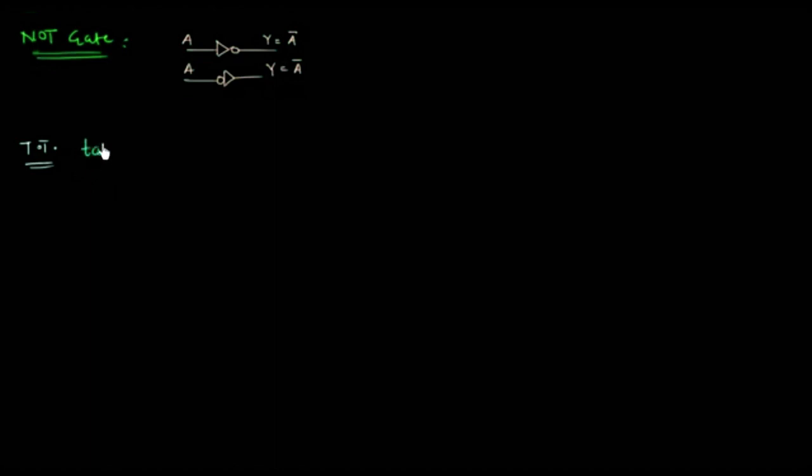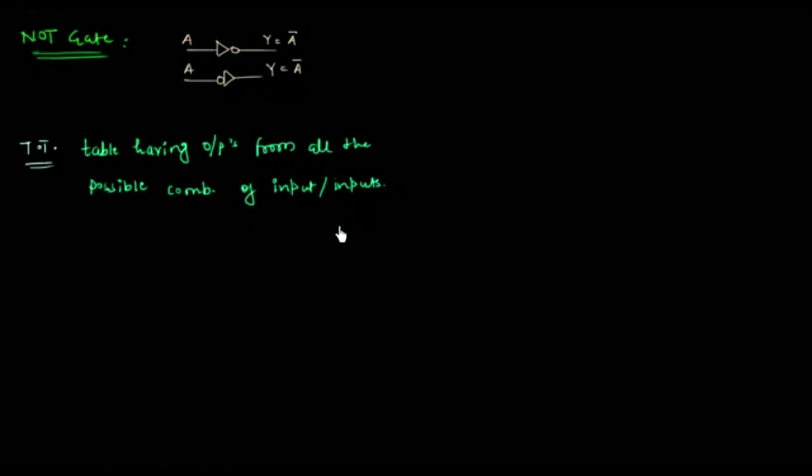It is the table having outputs from all the possible combinations of input or inputs. Right? So this is the formal definition for truth table.